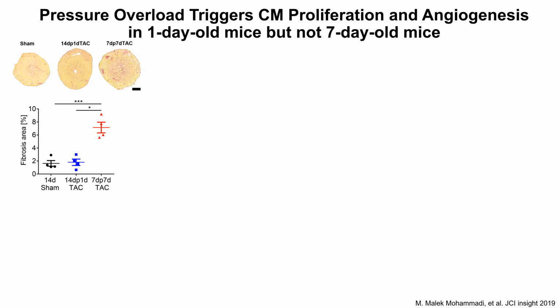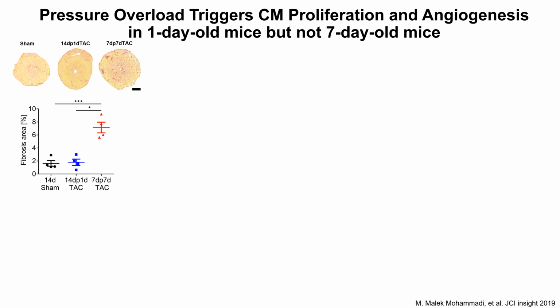To see the underlying reason for this reduction in ejection fraction in the non-regeneration phase, I stained the hearts with Sirius red staining. And as you can see, 7 days of pressure overload increased fibrosis in the heart, but not 2 weeks of pressure overload in the regenerative phase.